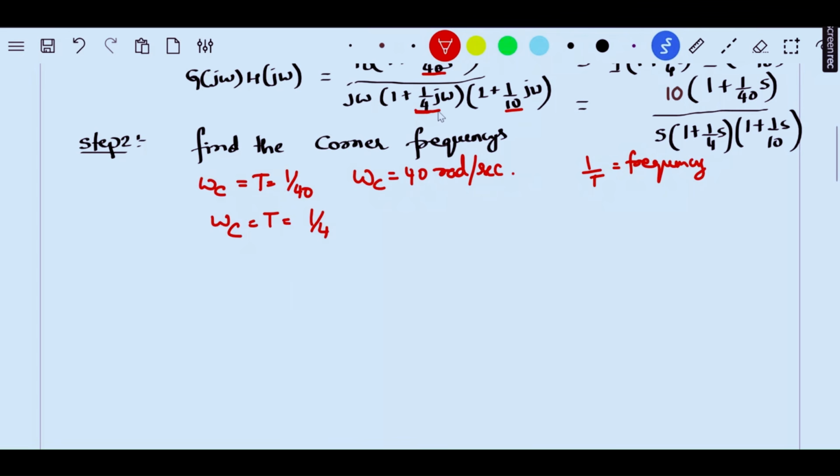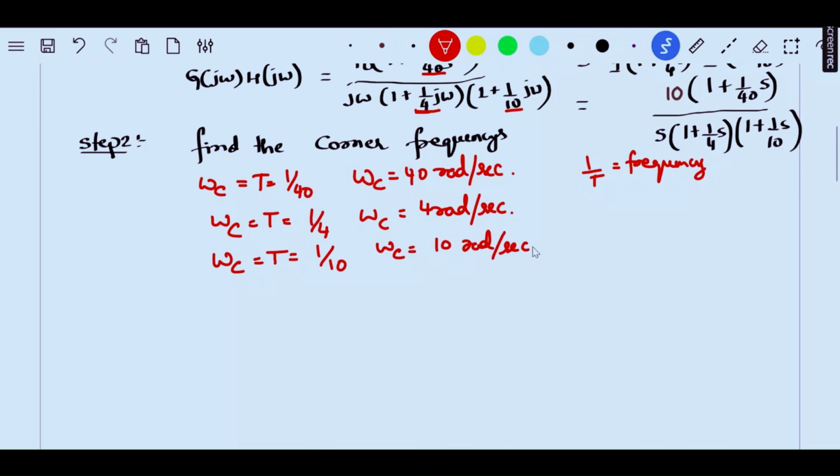So the next corner frequency is 4 radians per second, because the reciprocal of 1 over 4 is 4. Then the next corner frequency is related to T, which is 1 by 10, and the reciprocal of 1 by 10 is the next corner frequency, which is 10 radians per second.